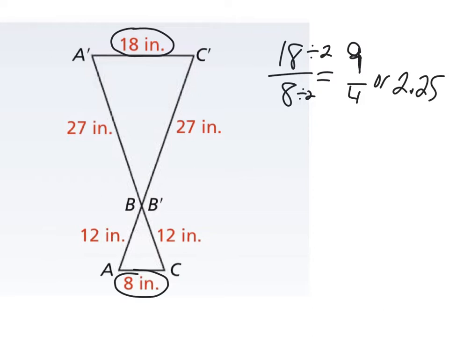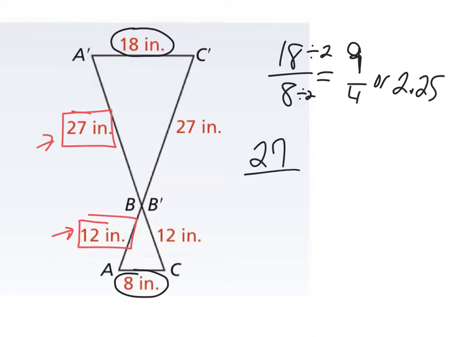So our other numbers that match up, if you look here, we've got AB and A prime B prime. Opposite order of how I showed them. This is AB, this is A prime B prime. Anyway, if you put the bigger number over the smaller number again, we've got 27/12.